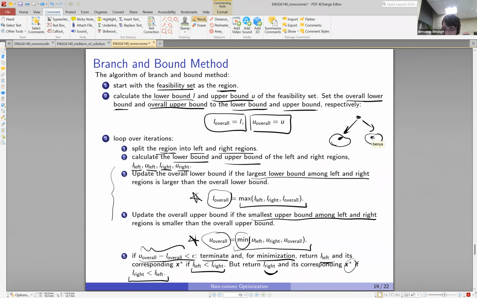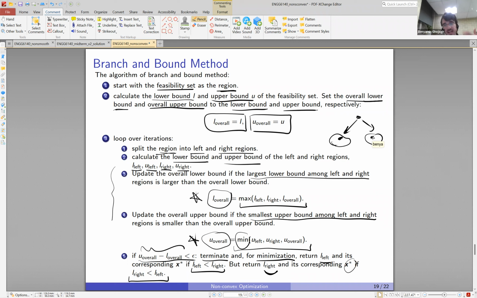But you can always, in order to make sure and guarantee that this is a global solution, go over all of the branches so as to have a complete binary tree. If you do that, then you can guarantee that you will find the optimal global solution among all of the children at the end, right?